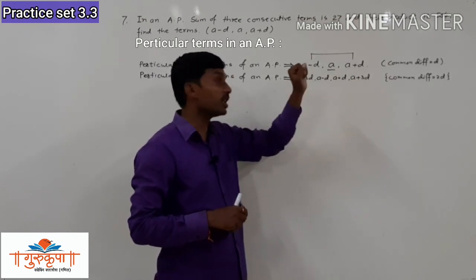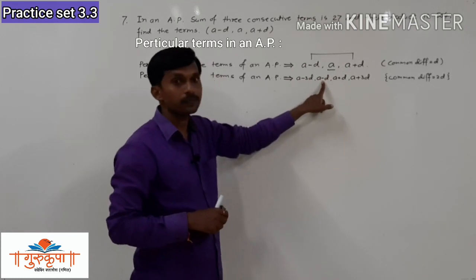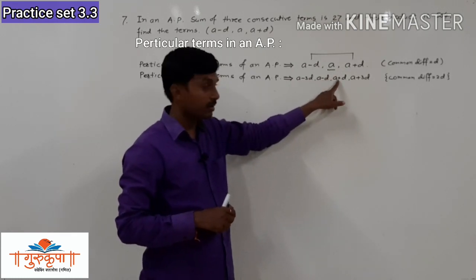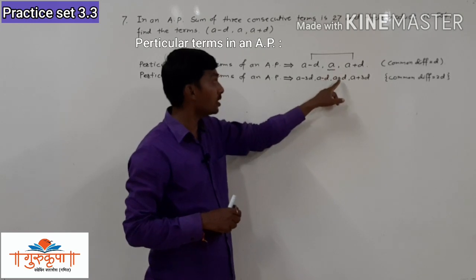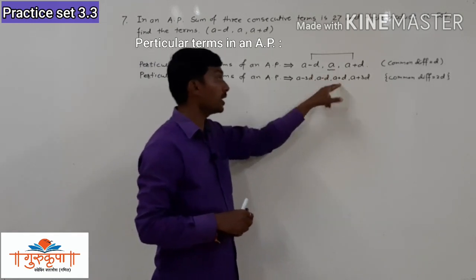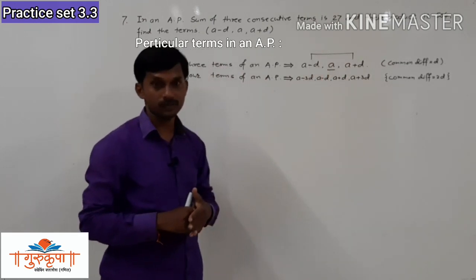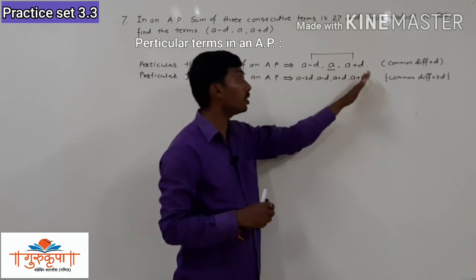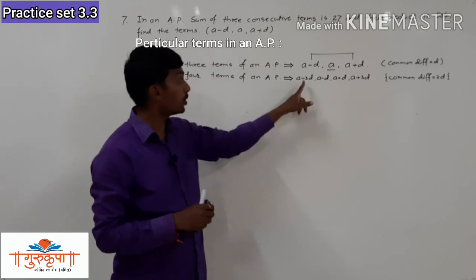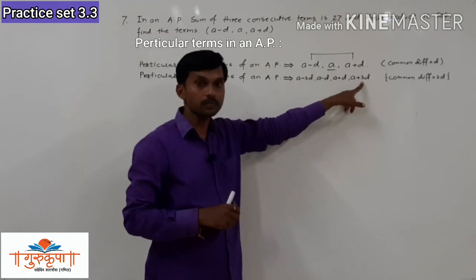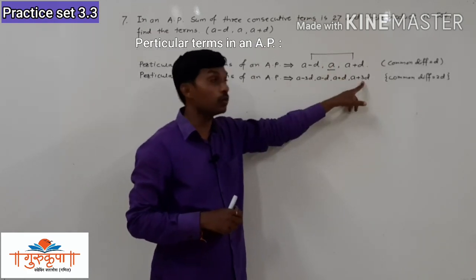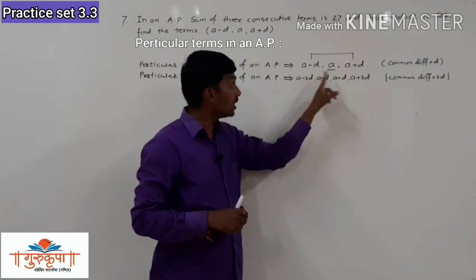So you can easily remember this. Here also we have a d, here minus, here plus. So we can easily remember all the 4 terms. This is the first and last term, only the sign is different.